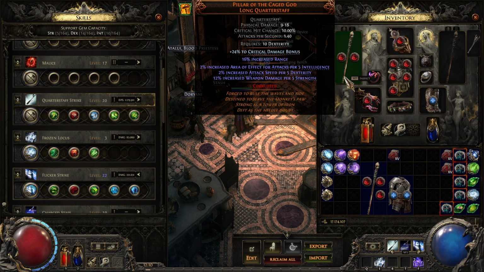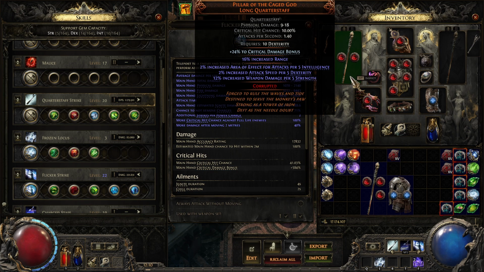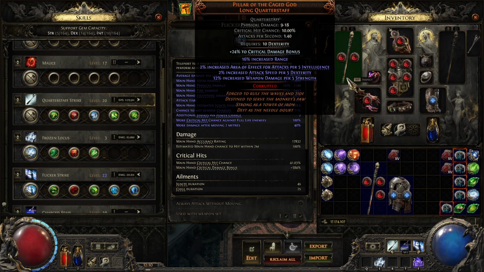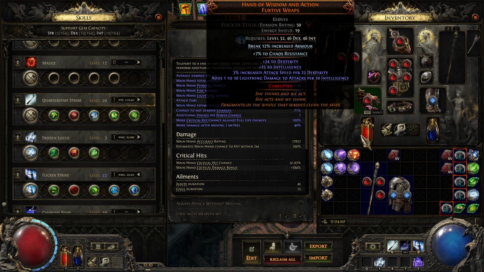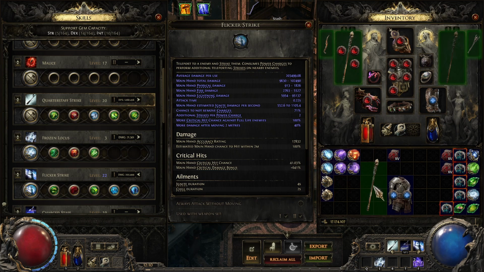When we now take a look at the Pillar of the Caged God, for example, and Flicker Strike, we see we have 584 critical strike multiplier. When I now put on a 36% critical damage bonus staff instead of the 24% critical bonus staff, this multiplier jumps up to 641.